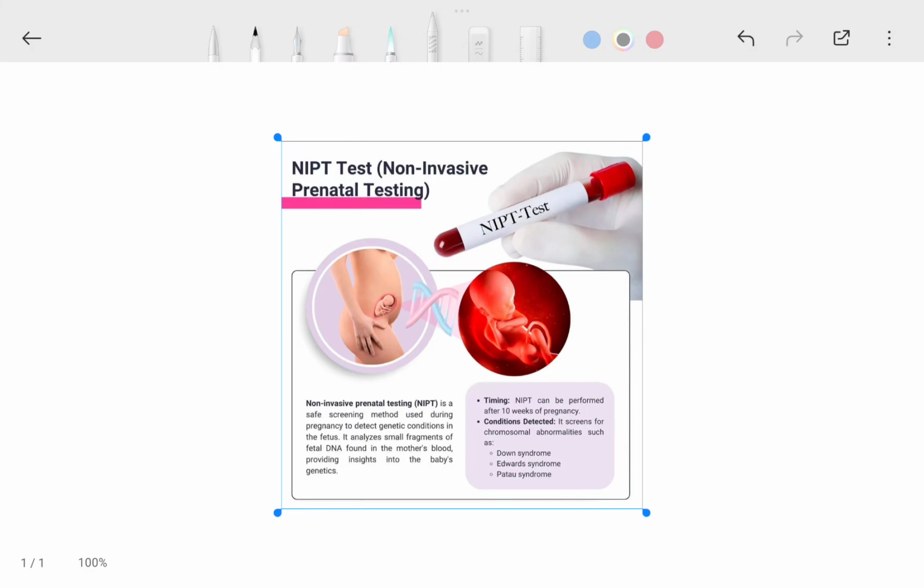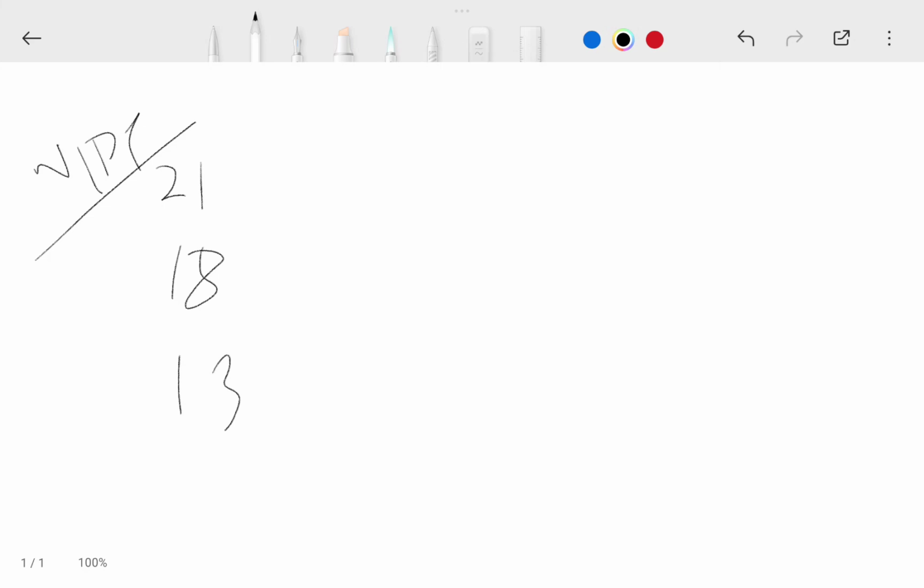Now there are certain conditions which this test can detect: the chromosomal conditions such as Down syndrome, Edwards syndrome, and Patau syndrome. One study showed that for NIPT, the detection rate for trisomy 21, that is Down syndrome, is 99.7%.